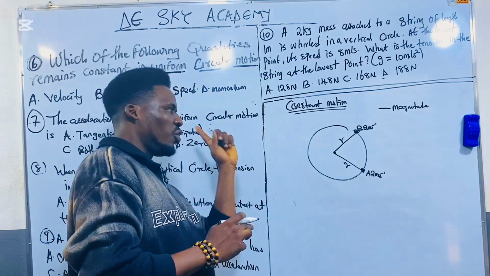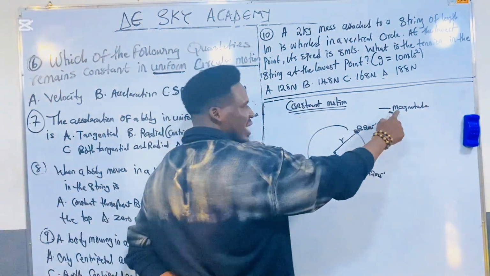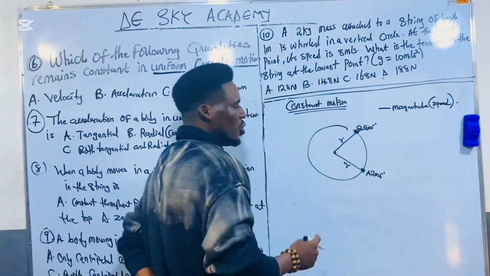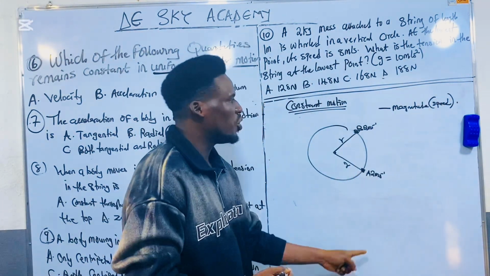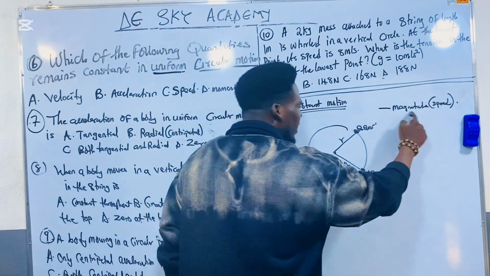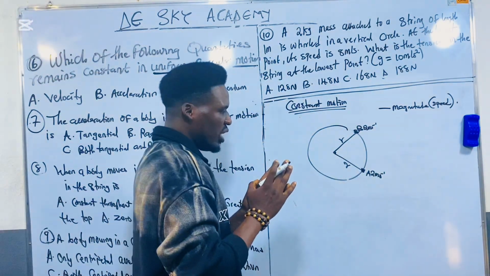I remember in what I did previously before I cleaned the board, I told you that this magnitude is also known as speed. So what is not changing in this body can also be called speed. For the fact that the magnitude is the same, that means the speed is also the same. But guess what?